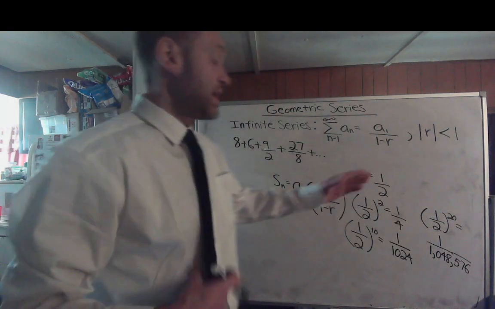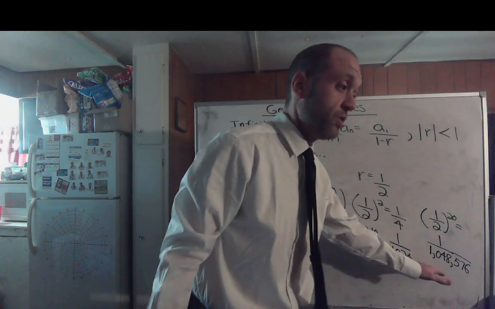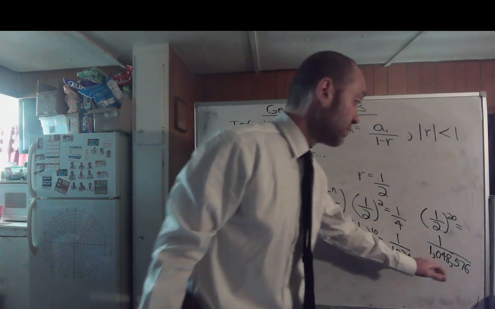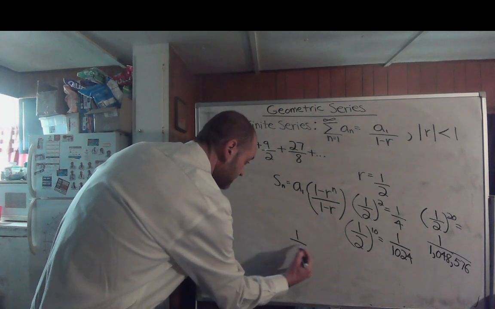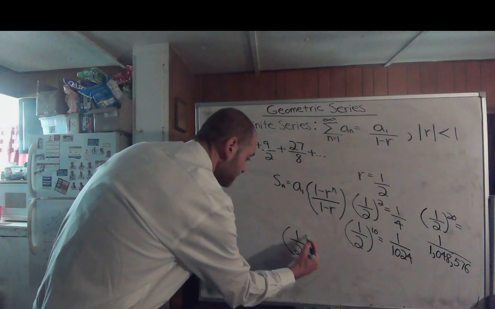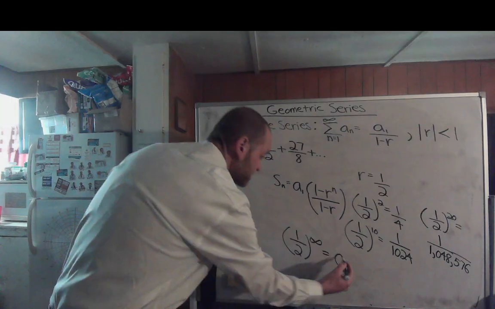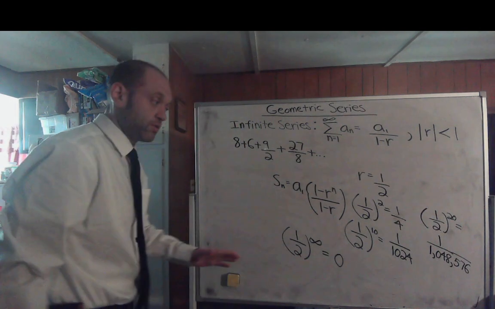As you see, the higher and higher powers I keep taking this 1/2 to, I actually get smaller and smaller numbers. So the idea is if I take 1/2, raise it infinitely, it's going to get close to 0 at some point, right? We're going to get infinitely close to 0.